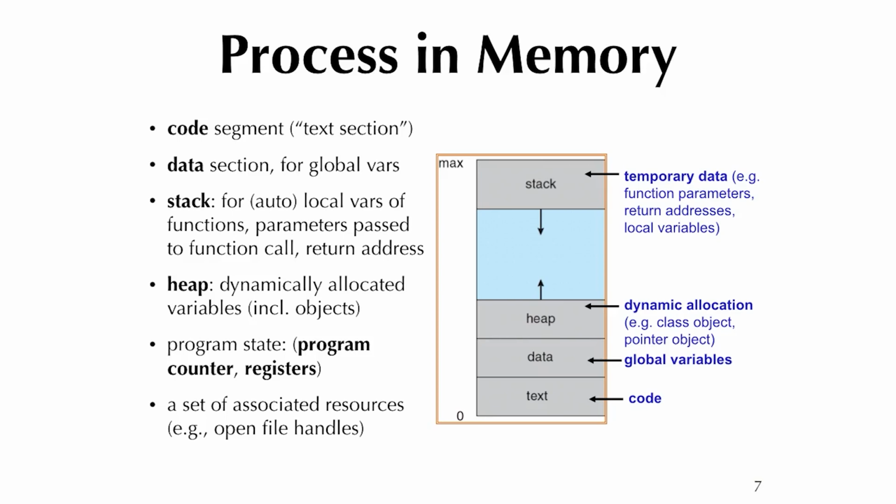This heap is purely for dynamic allocation. What does that mean? Well, remember your malloc and free from C programming. That's when you allocate on request dynamically, like your linked list. A lot of times you say, okay, let me create a new linked list node, and in C++ it will be new. In C, it will be malloc of the size of the struct.